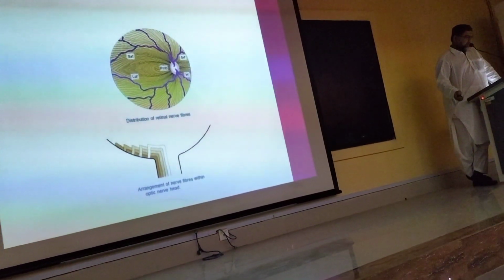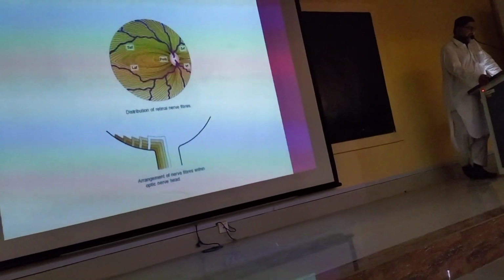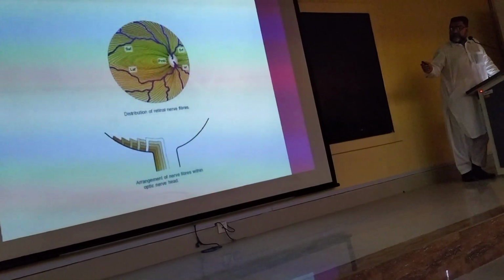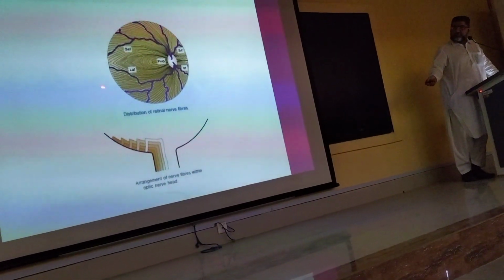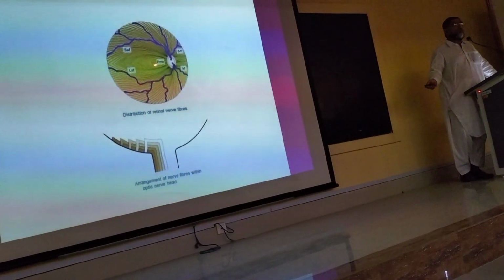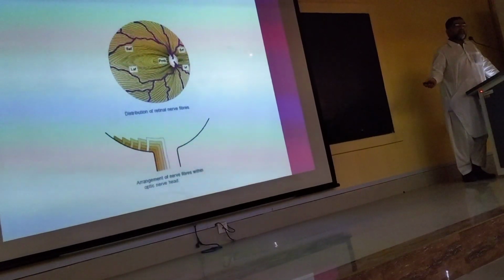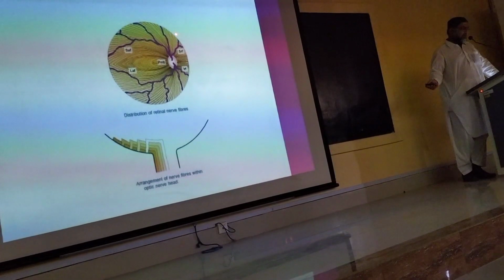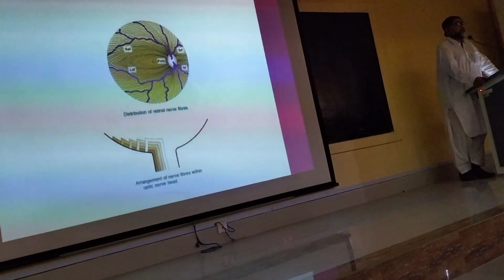Now, this is a schematic picture. The above one is showing you the pattern of the nerve fibers that are coming from the retina and collecting onto the optic nerve.